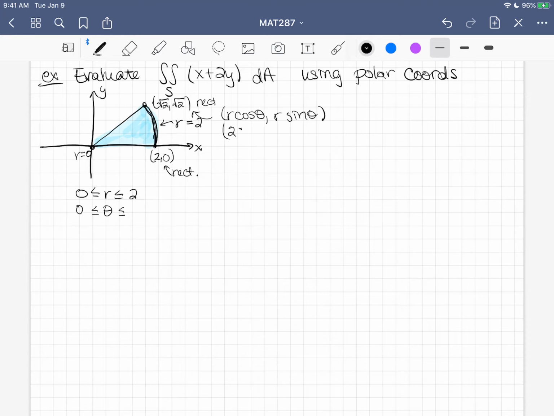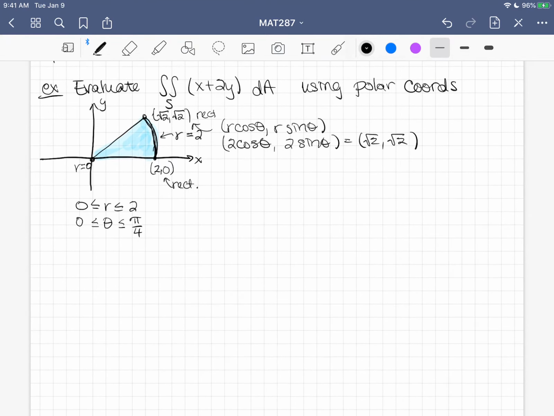So (2 cosine theta, 2 sine theta) equals (root 2, root 2). So what's the angle that has a cosine of root 2 over 2 and a sine of root 2 over 2? It's pi over 4. Now, if you don't remember that, of course, you can use the inverse cosine function on your calculator to spit it out. But that's one of those special angles you should know.